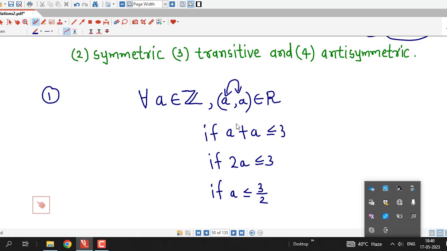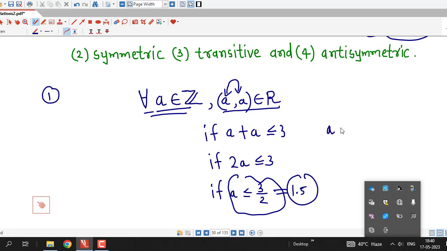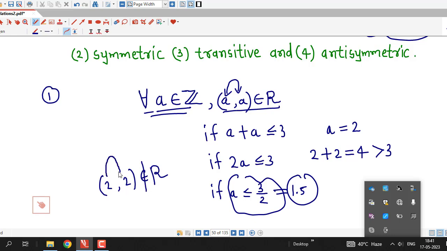So from this we have the condition for the relation to be reflexive. If our integer is smaller than 3 by 2, that is 1.5, then only this condition will be satisfied. If I consider any integer which is bigger than 1.5, for example A equal to 2, then we know that 2 plus 2 is 4, which is greater than 3. So (2, 2) is not in the given relation because this addition is not less than or equal to 3.